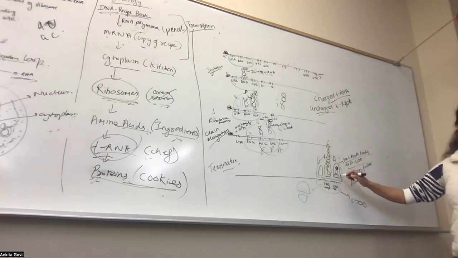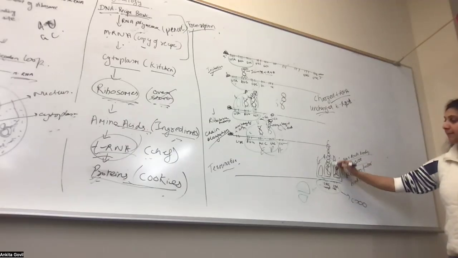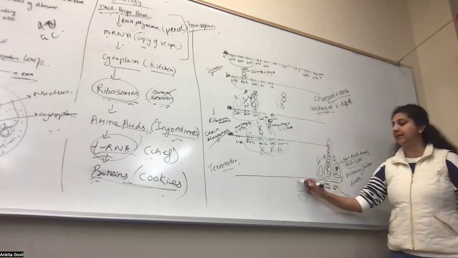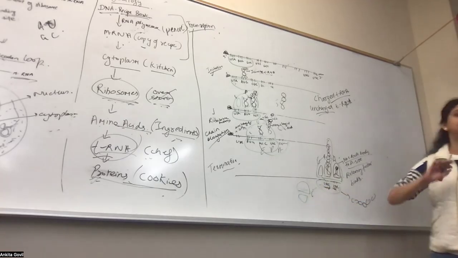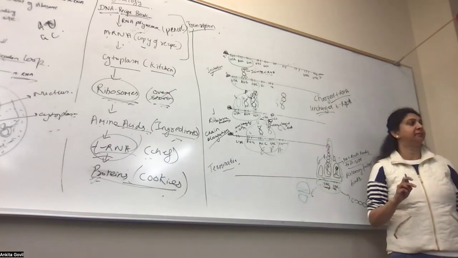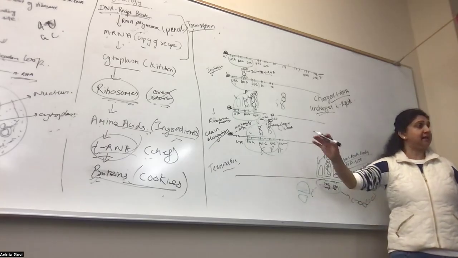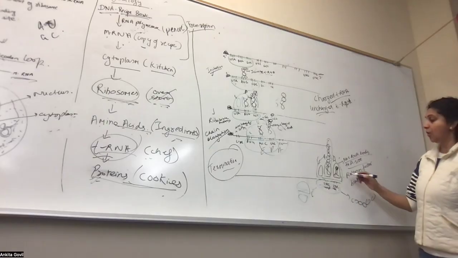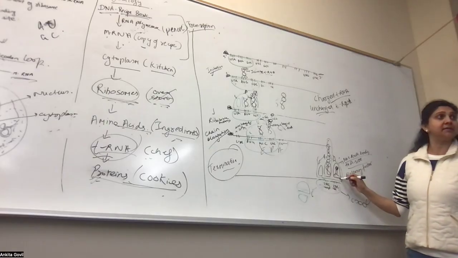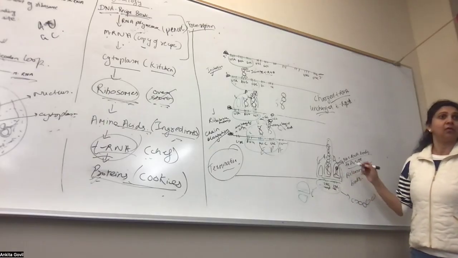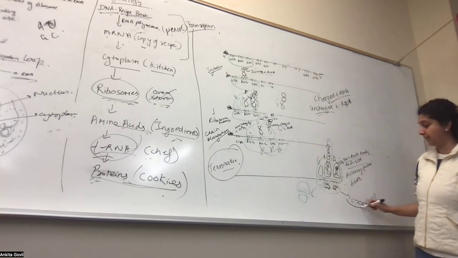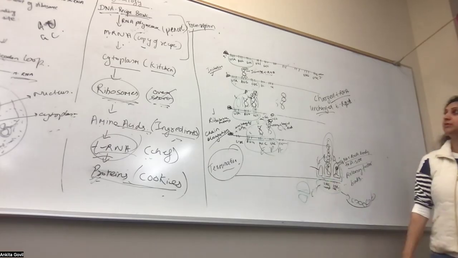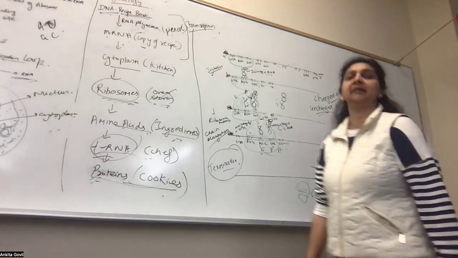When the releasing factor comes and attaches, this polypeptide is released and the two subunits are released as well. And this is the end of translation. All right, towards the end, this is called termination. In the termination process, only the releasing factor comes at the A site. Once the releasing factor comes, the polypeptide is released. You can see this polypeptide is released and both the subunits of the ribosome are released.